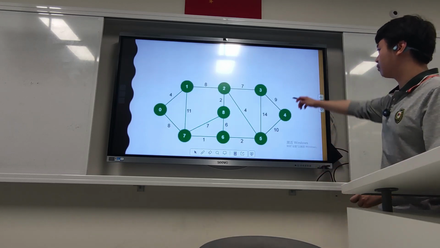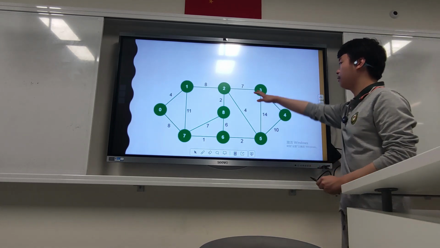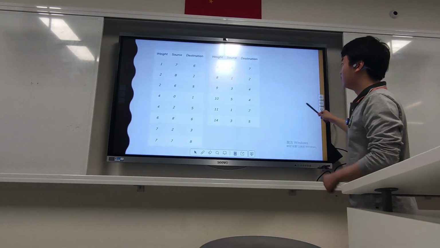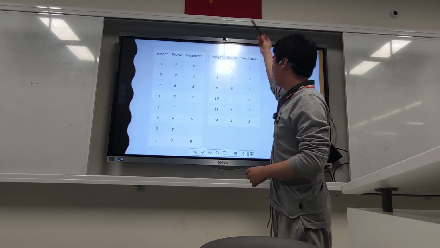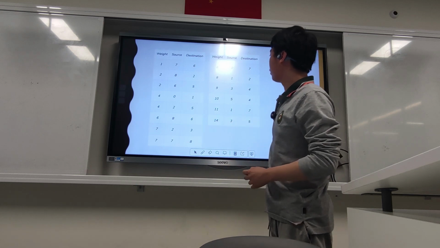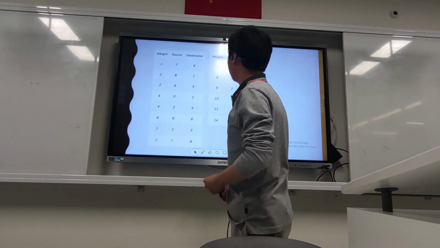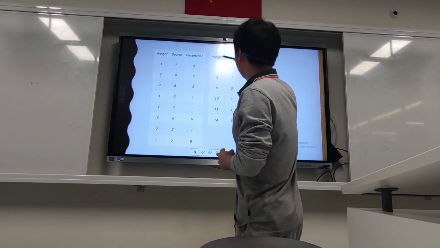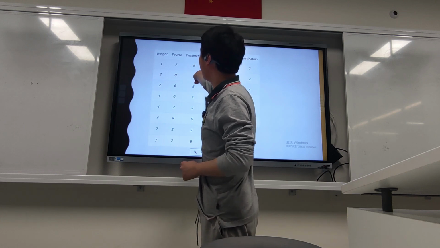Now we'll use this graph to illustrate the process. This is a very complex graph. First, we have all the edges in the graph, and then we sort them and store them here. These are the source, destination vertices, and the weight.